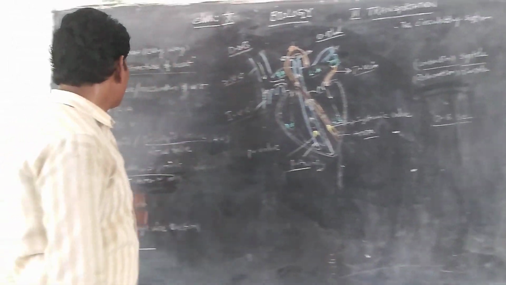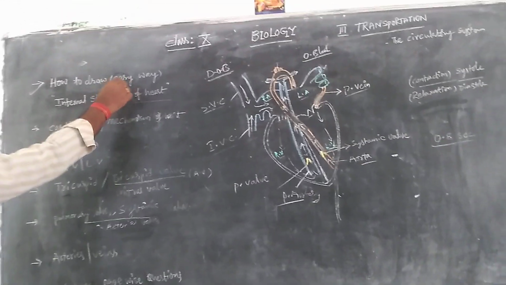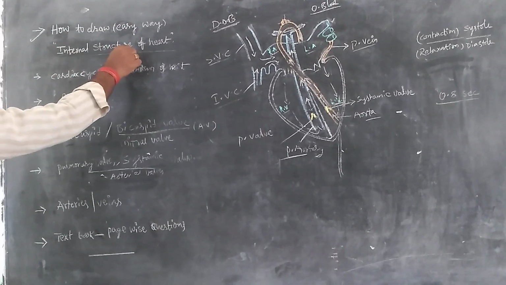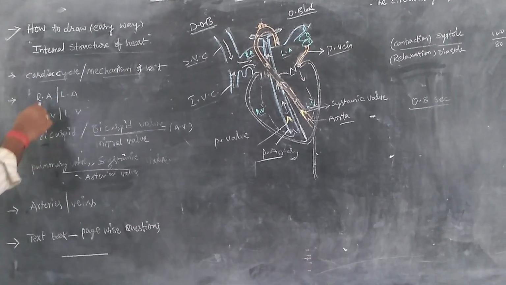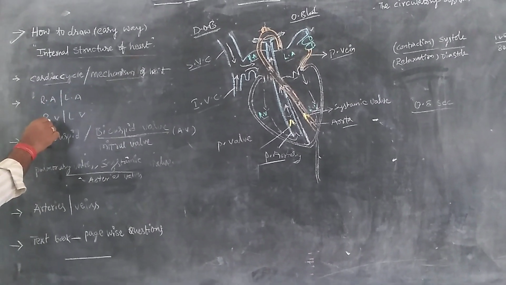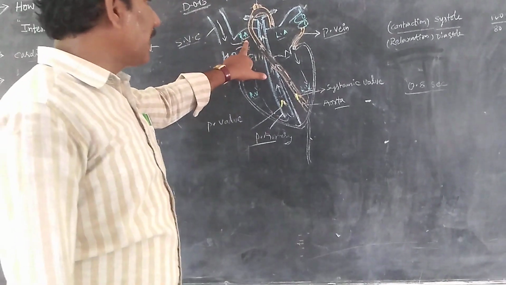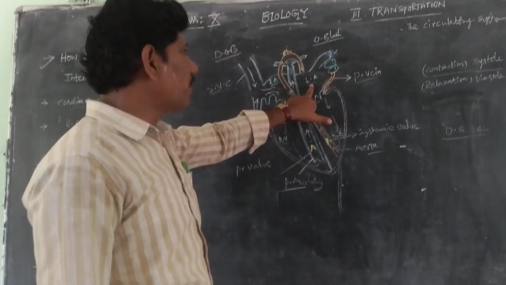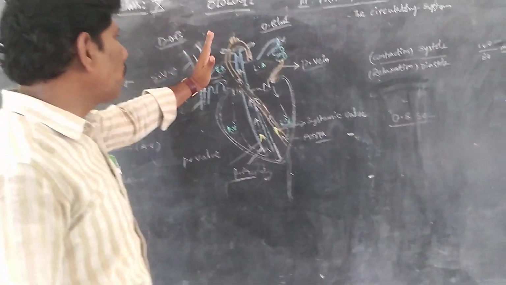So now we have completed an easy way to draw the internal structure of the heart, the cardiac cycle mechanism of the heart, and the differences between right atrium and left atrium, and right ventricle and left ventricle. The right atrium is bigger when compared to the left atrium because it receives deoxygenated blood from throughout the body.